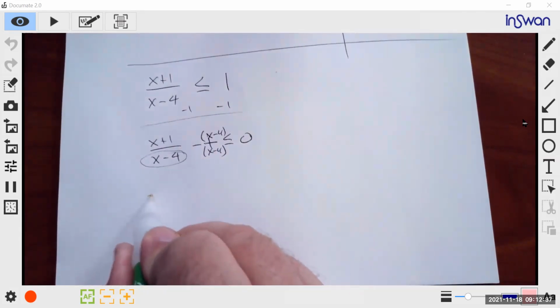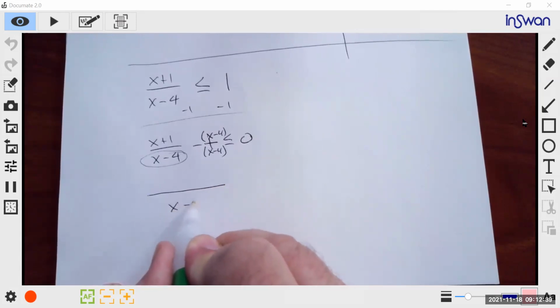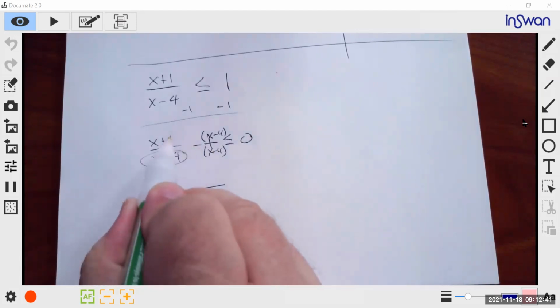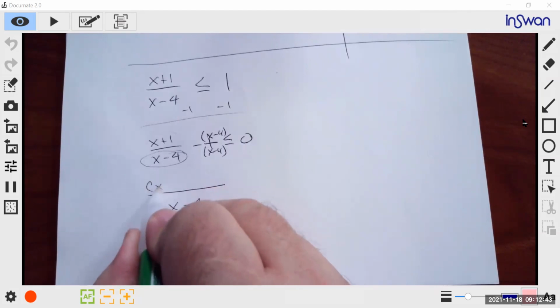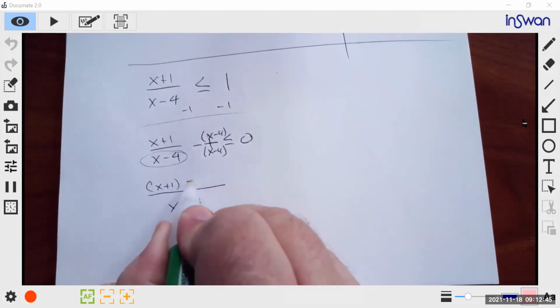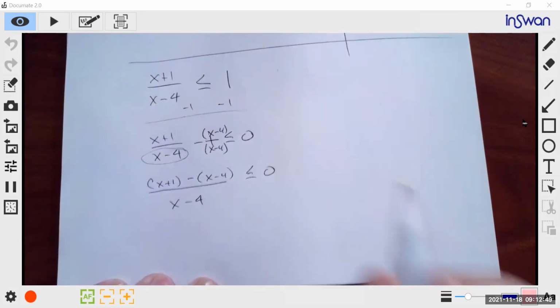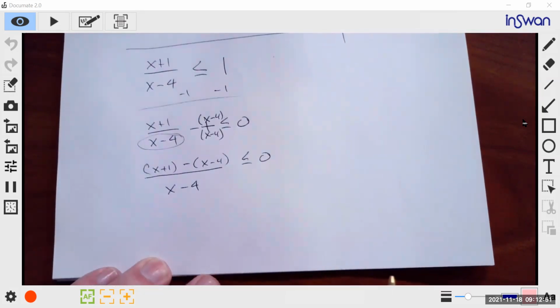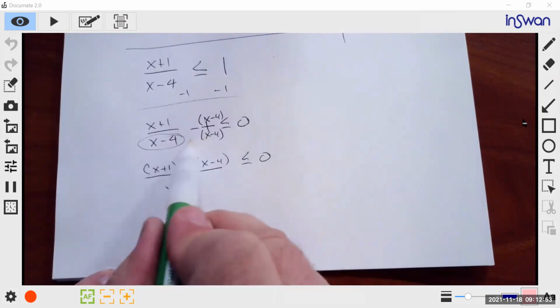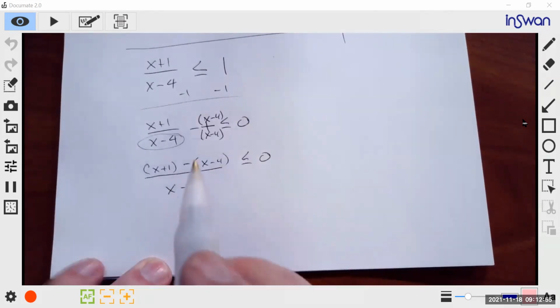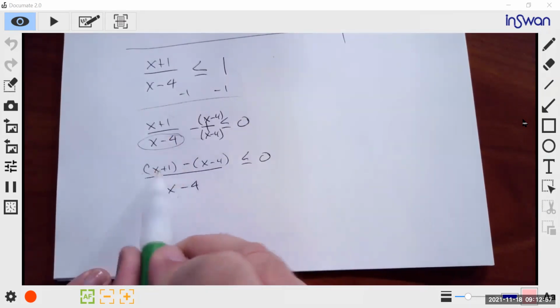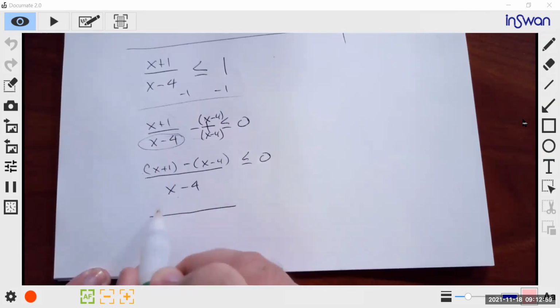Since we have a common denominator, I just worry about the top. X plus 1 minus x minus 4. I don't need the first parentheses because it doesn't have anything in front of it, so it's x plus 1.